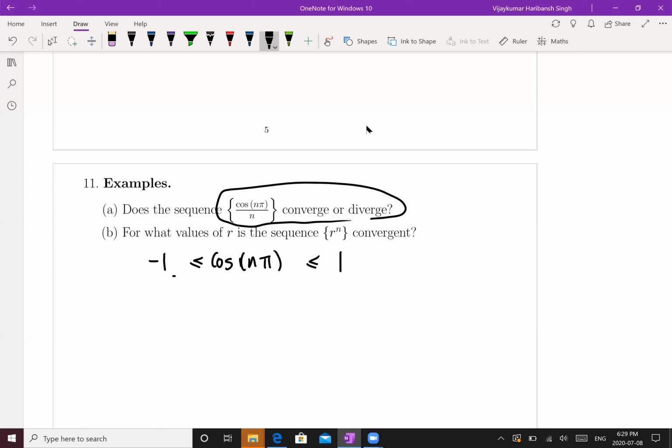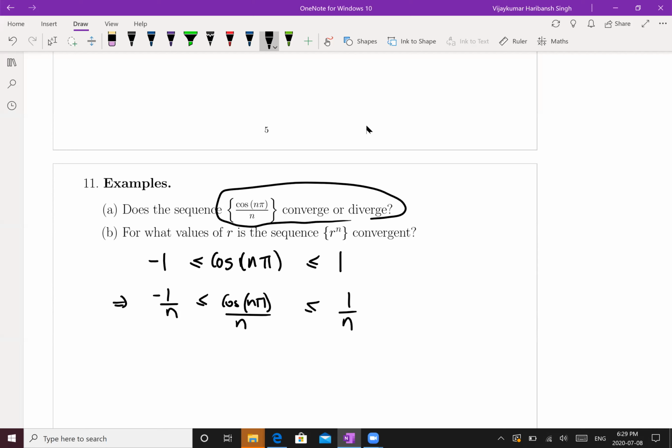So if you divide by n throughout, this gives us minus 1 by n is less than or equal to cos of n pi divided by n, less than or equal to 1 by n.